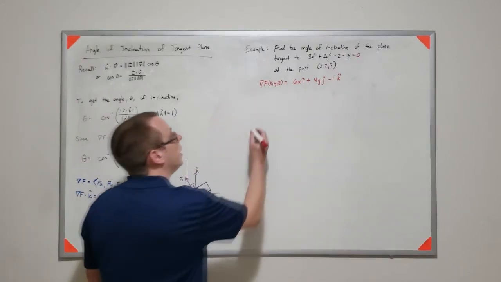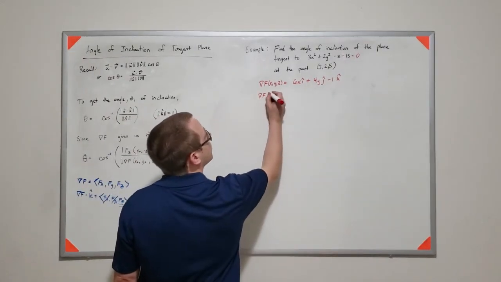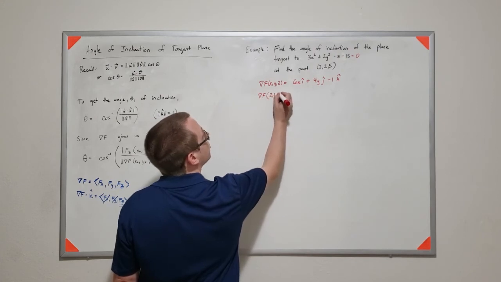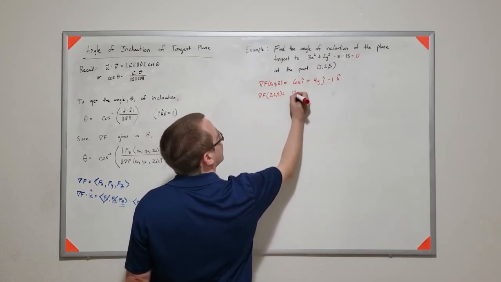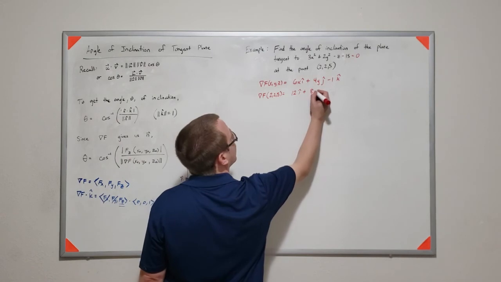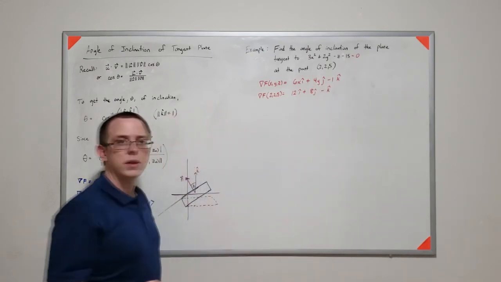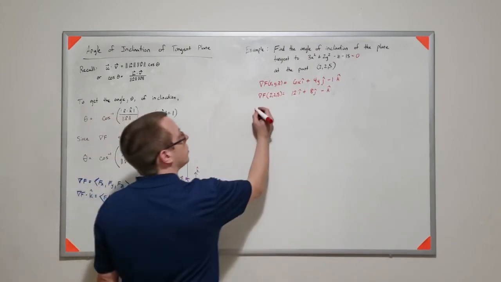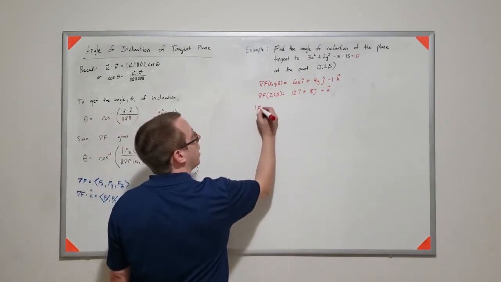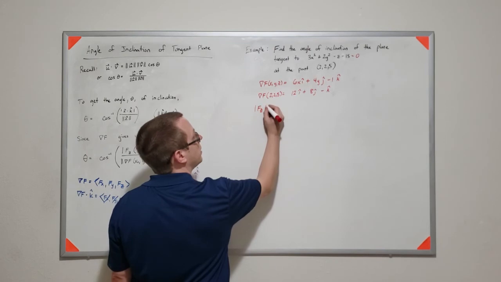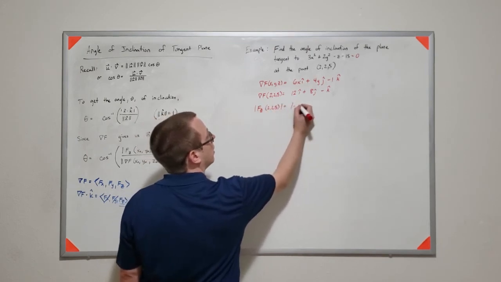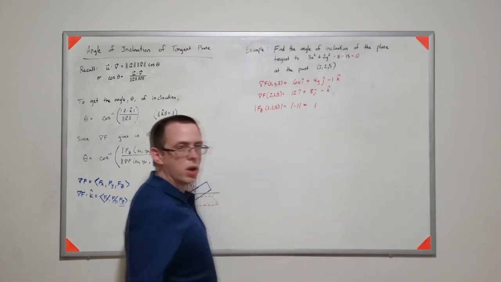is that. And my gradient specifically at the point (2, 2, 5) is that. So the absolute value of my partial with respect to z is positive 1.